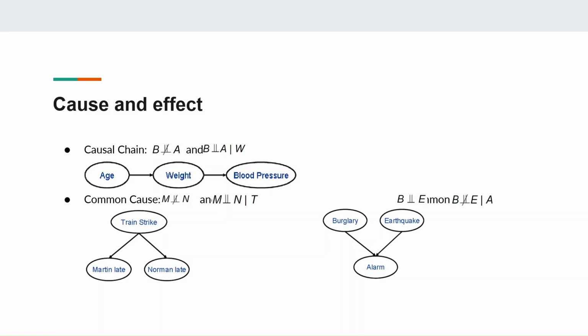But if I observe that their common cause has happened, so a train strike, then they're not independent anymore, right? Because if the train strike happened and Martin was late, then probably for the same reason, Norman will be late as well, more often, right? So they're no longer independent because I know that something happened in the past and something happened with one of them, which tells me information about the other one. That's basically how this one would work.